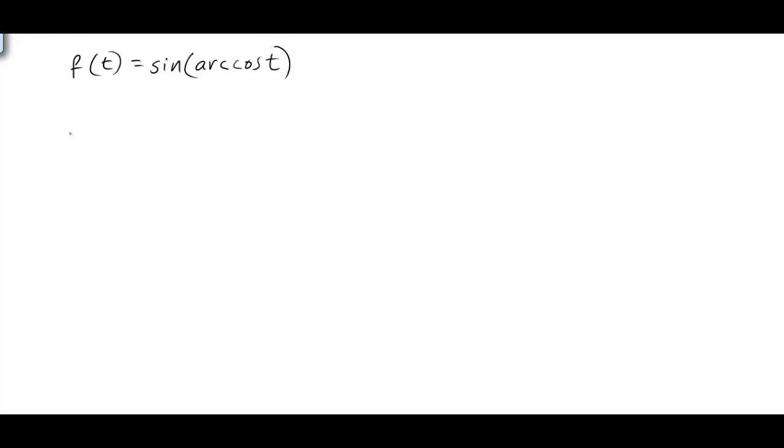There's an alternate way, and we could rewrite this using our right triangles, just as we talked about in a previous video with our inverse trig functions. So if I look at drawing a triangle here, we have the arc cosine of t.